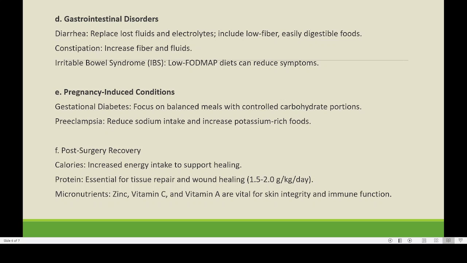Let me check what is the full form. Fermentable, oligosaccharide, disaccharide, monosaccharide. A food rich in oligosaccharide, disaccharide and monosaccharide, that kind of food is known as FODMAP.